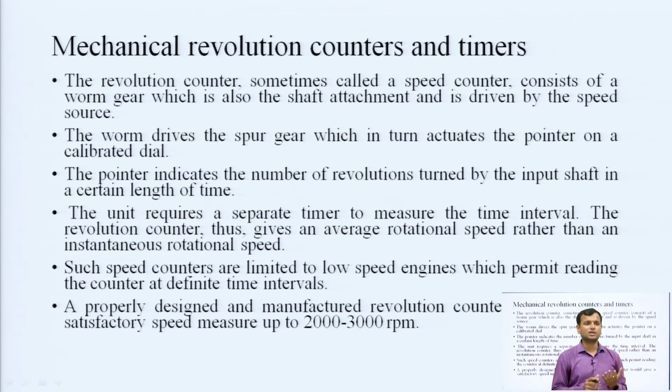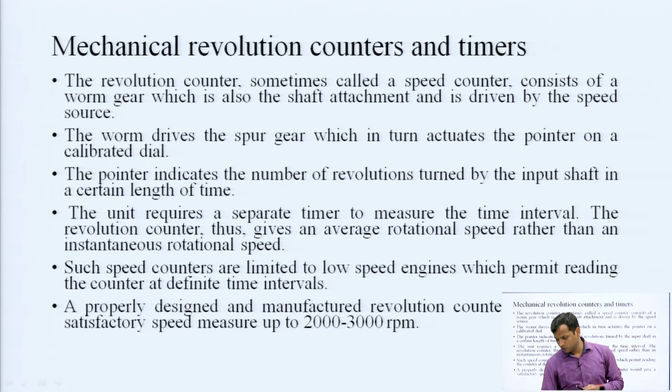Such speed counters are limited to low speed engines, which permit reading the counter at definite time intervals. A properly designed and manufactured revolution counter will give you speed measurements up to 2000 to 3000 RPM. That will be the basic speed, or rotations per minute, provided by the mechanical revolution counters and timers.